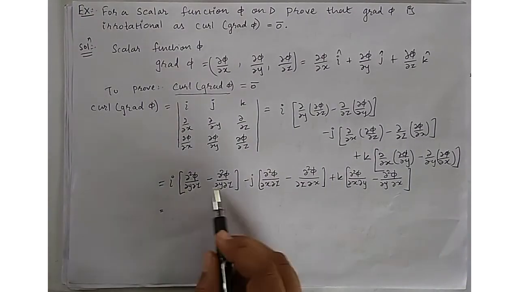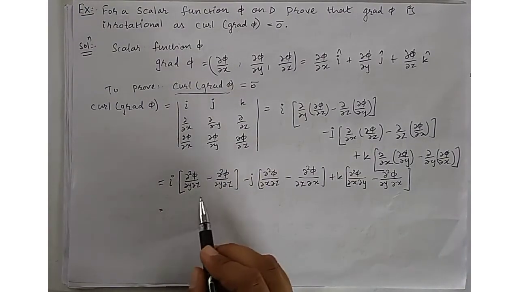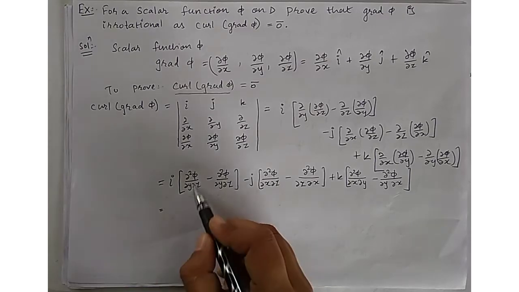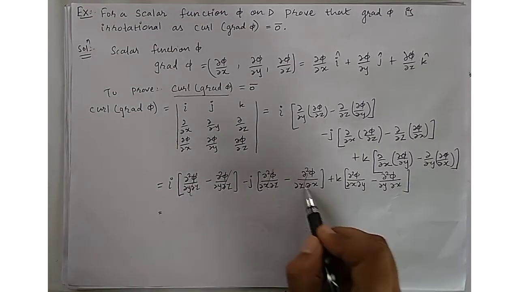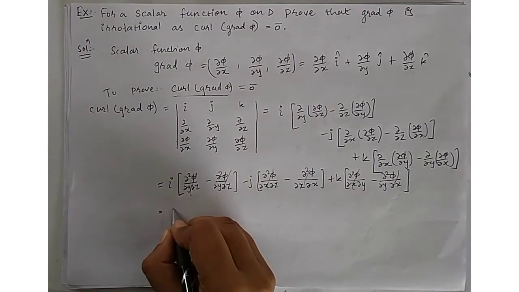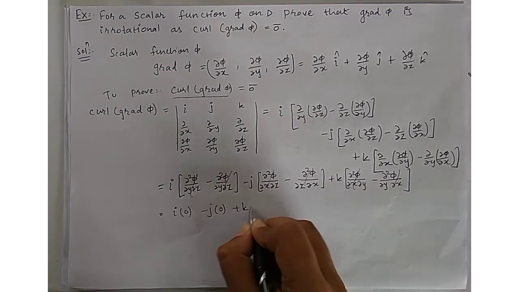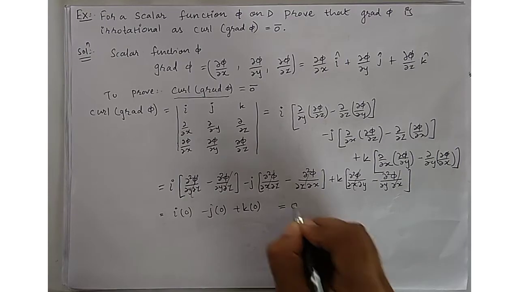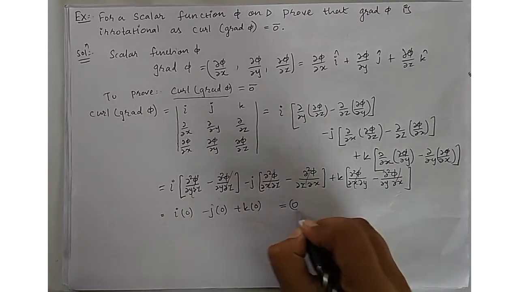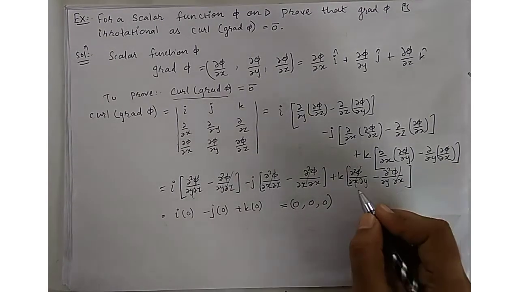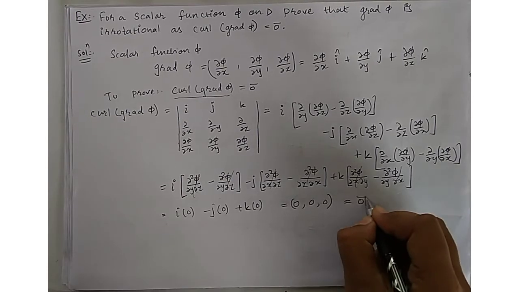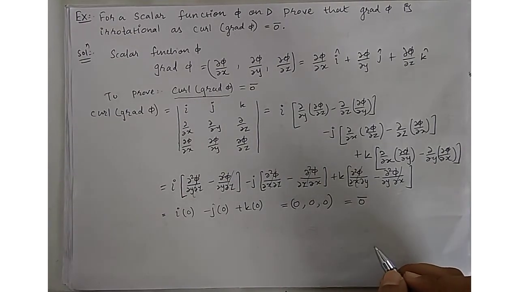Here you see that both terms are the same, so they get cancelled, here also and here also. So this is i of 0 minus j of 0 plus k of 0, which becomes 0, 0, 0. So you can write it as 0 vector.